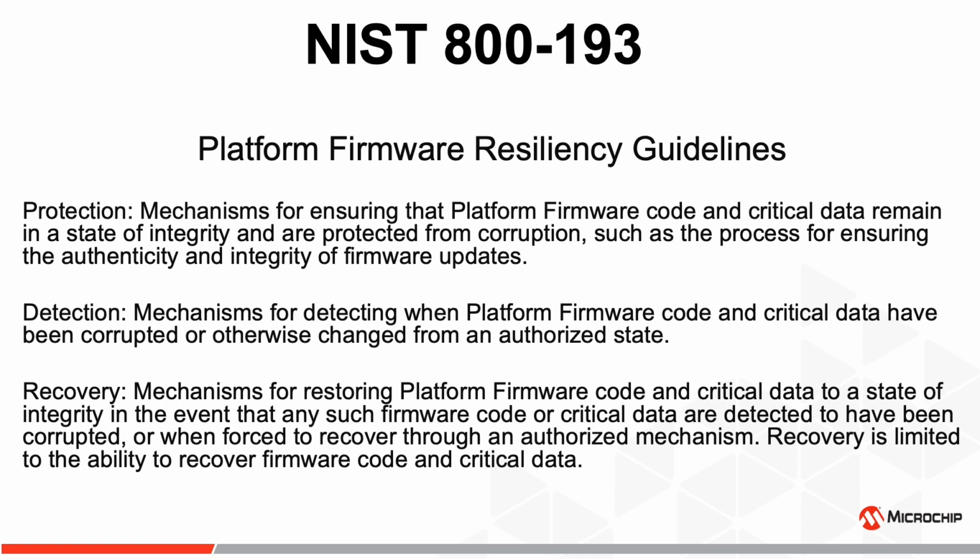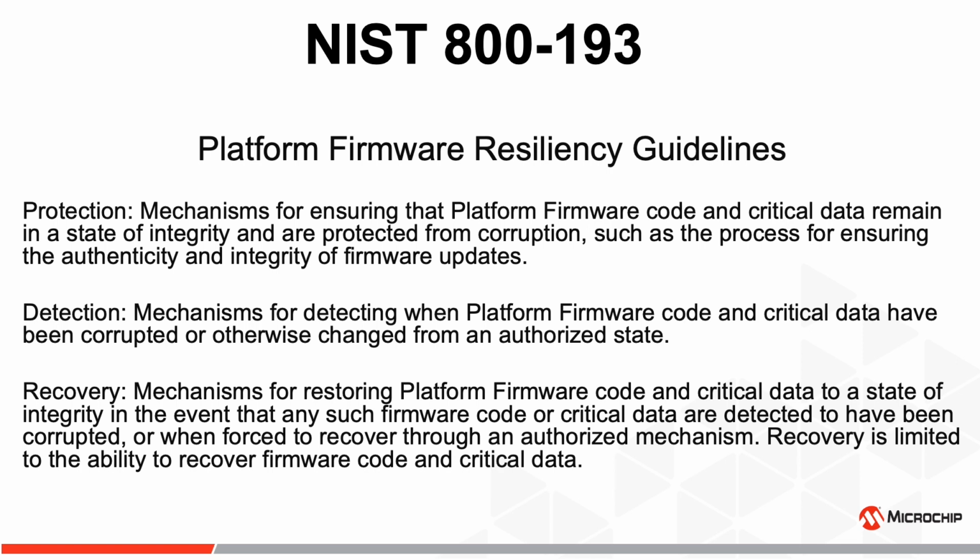As defined by the NIST 800-193 guideline, protection is the mechanisms in place for ensuring that the platform firmware, the code, and the critical data remain in a state of integrity, which means that they are protected from corruption in the case of events. You can do that through both authenticity and integrity of firmware updates, so not only during the boot up process, but also during the update process.